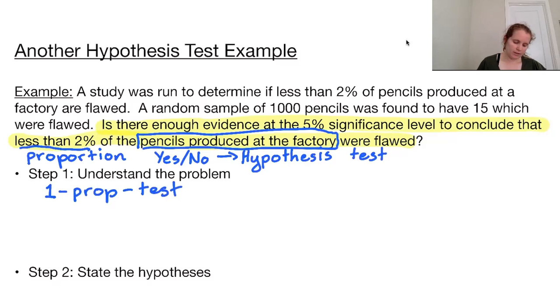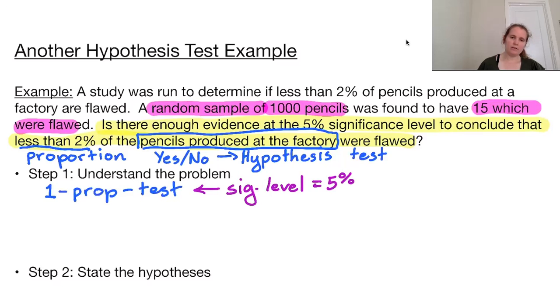And our significance level is 5%. In addition to that, we have our random sample of 1,000 pencils, which had 15 flawed. So we have a random sample, and we drew from the whole population.